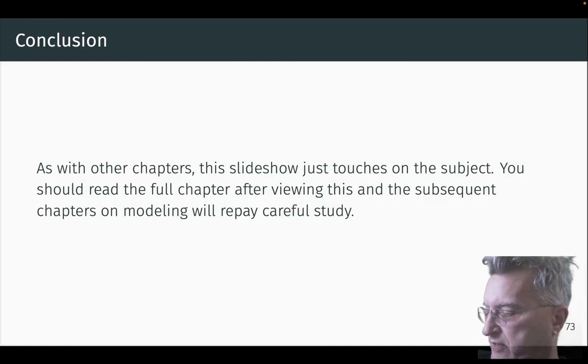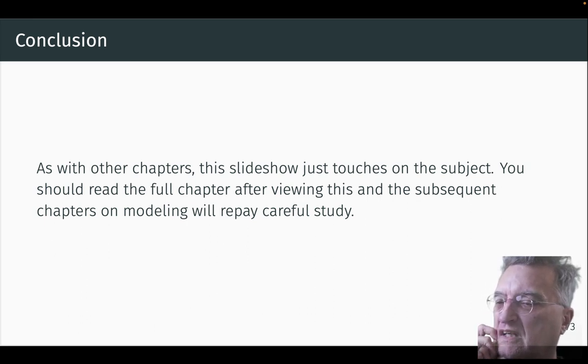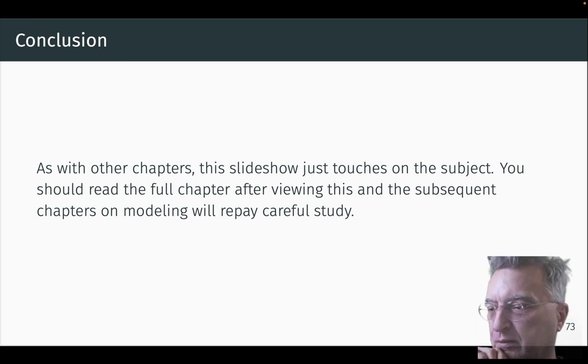Okay, and that's it for this Model R lecture. You should read this chapter. This is the hardest chapter in the, I think this is chapter 12 in the print version of the book. And it is the hardest chapter by far of the book.